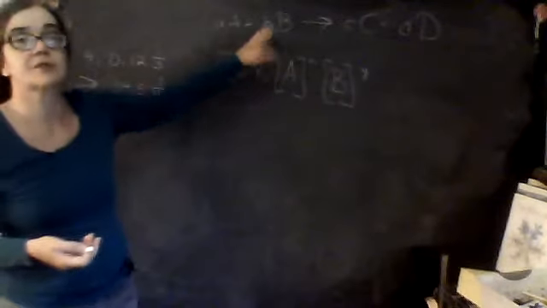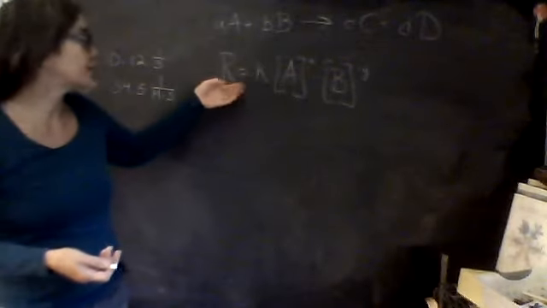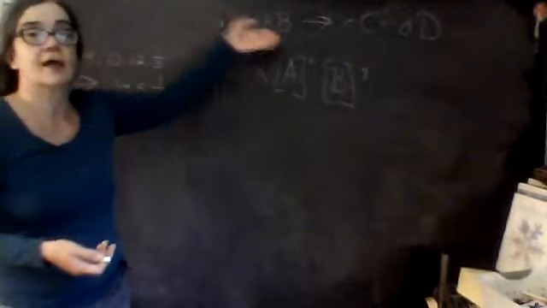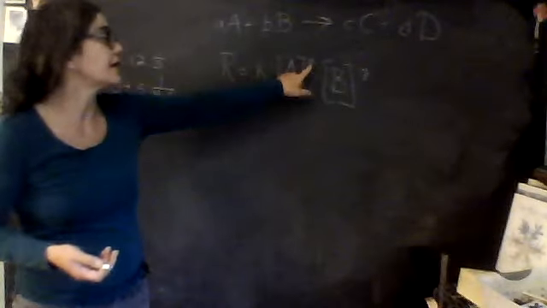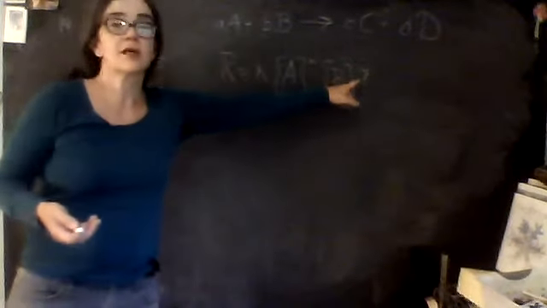So the rate of this reaction is going to occur at some constant times the concentration of A to the exponent times concentration of B to the exponent.